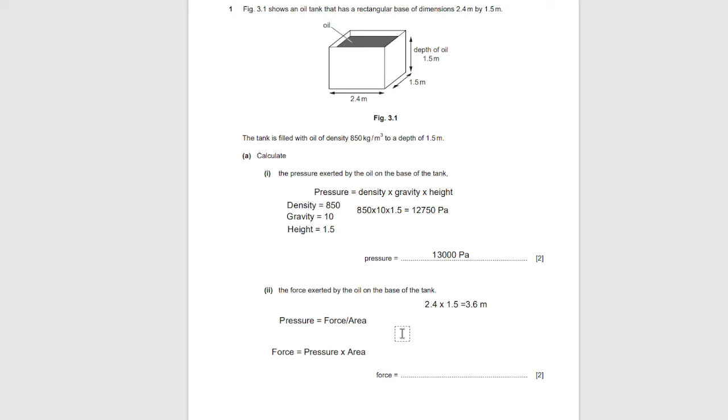Now, to get the final answer, we need the pressure, which we already have, but this is a rounded one, so we're going to use the original value, which is 12,750 times 3.6, which is going to give us 45,900 newtons.